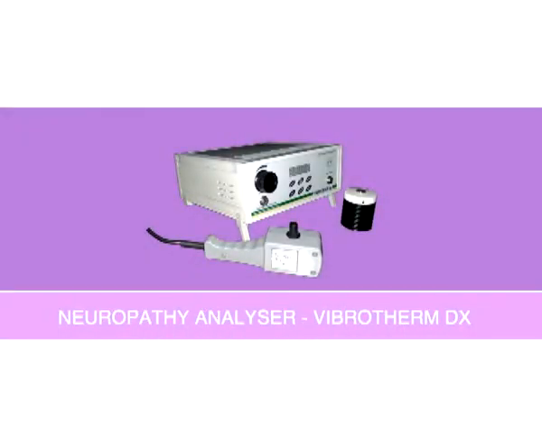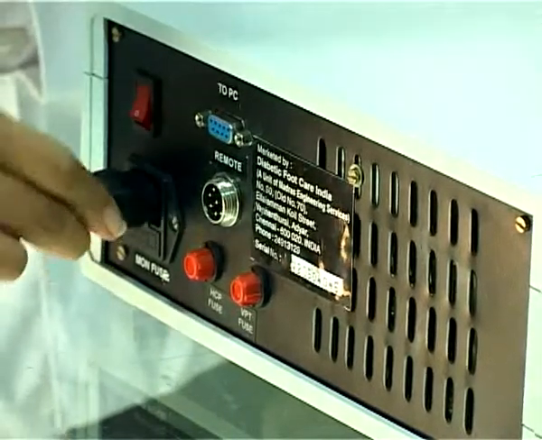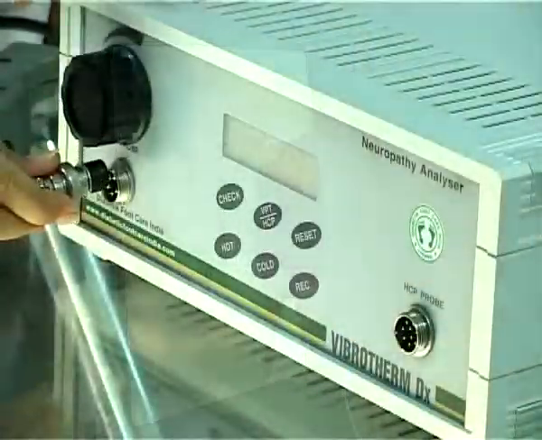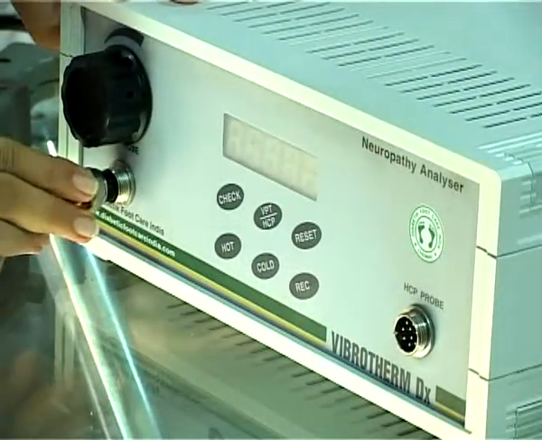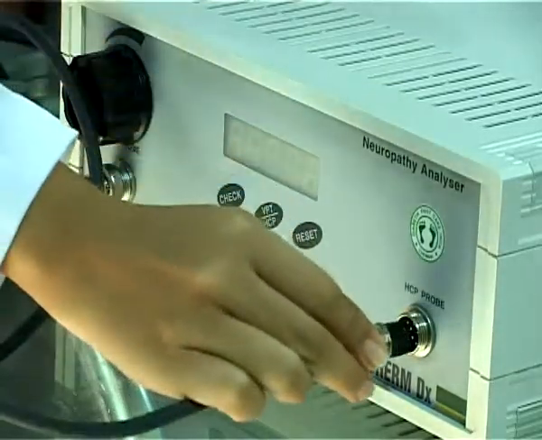Neuropathy Analyzer Vibrotherm DX. Connect the mains cable to the backside of the machine and the other end to the power socket. Connect the VPT and HCP probe.